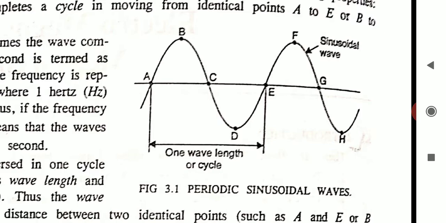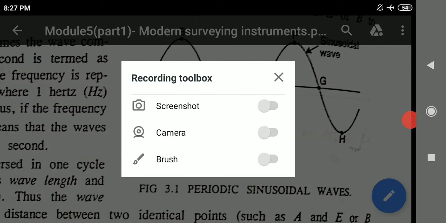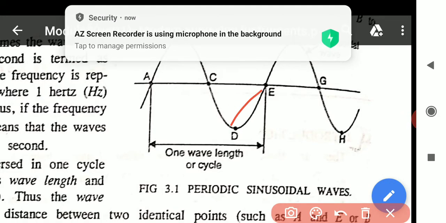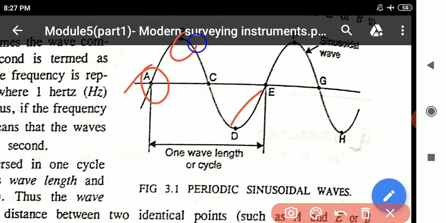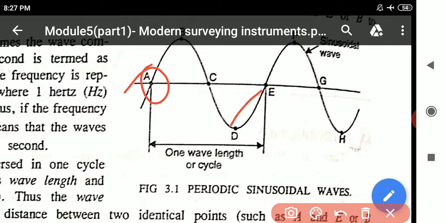Properties of electromagnetic waves: see here in this figure. The wave is moving from point A to H. A has 0 degrees, B has 90 degrees, C has 180 degrees, D has 270 degrees, and it has phase modulation. At A it is 0 degrees, and when the wave comes to B it is 90 degrees.